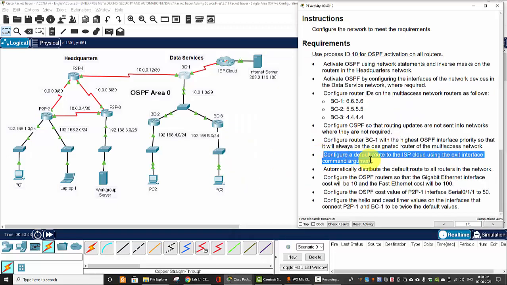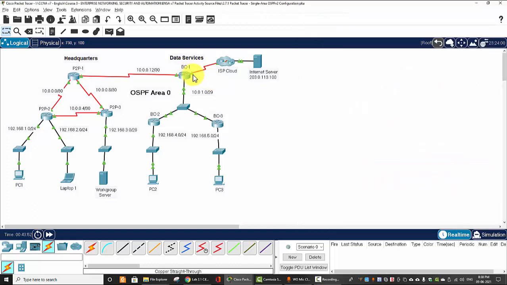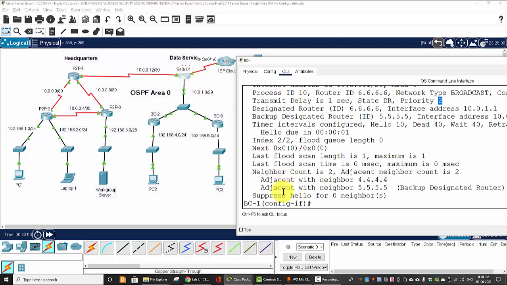Next, we will configure a default route to the ISP cloud using the exit interface argument. On BC1, the exit interface should be 0/1/1, so I will configure it.